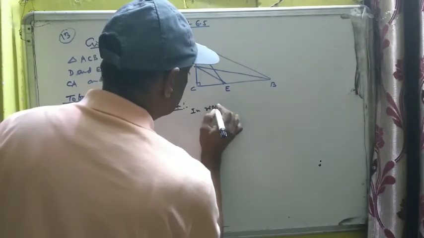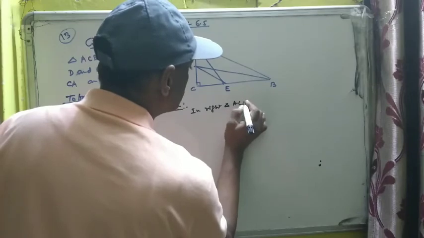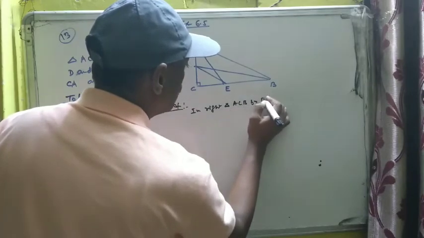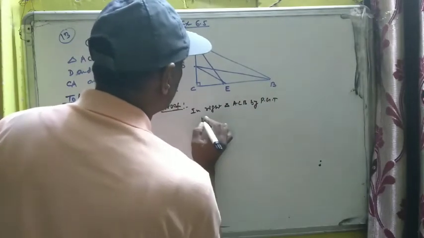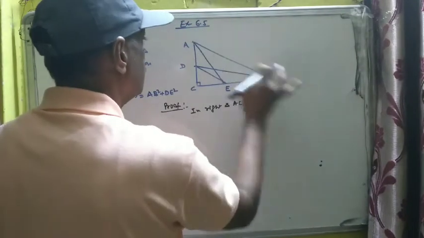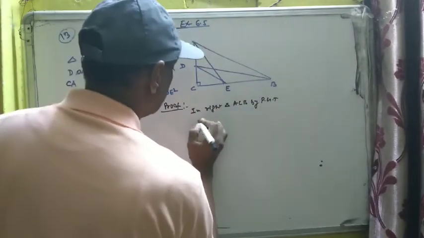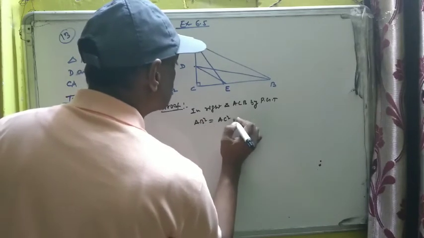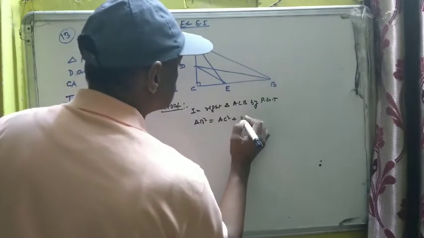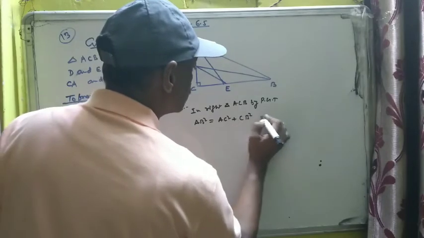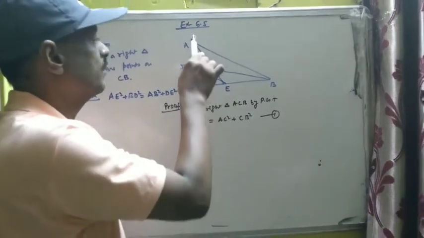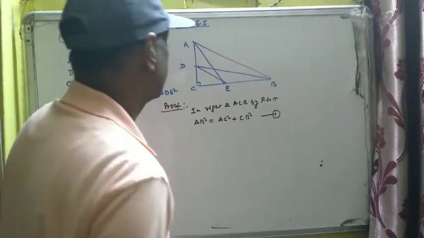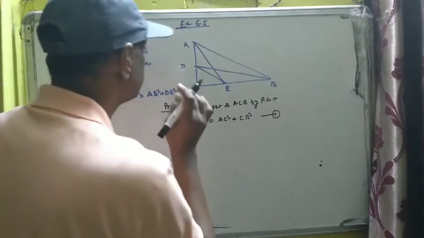In right triangle ACB, by Pythagoras theorem, we can write, I have taken ACB, so by PGT it is AB square equal AC square plus CB square or BC square. This is equation number 1. From here, take the another triangle.